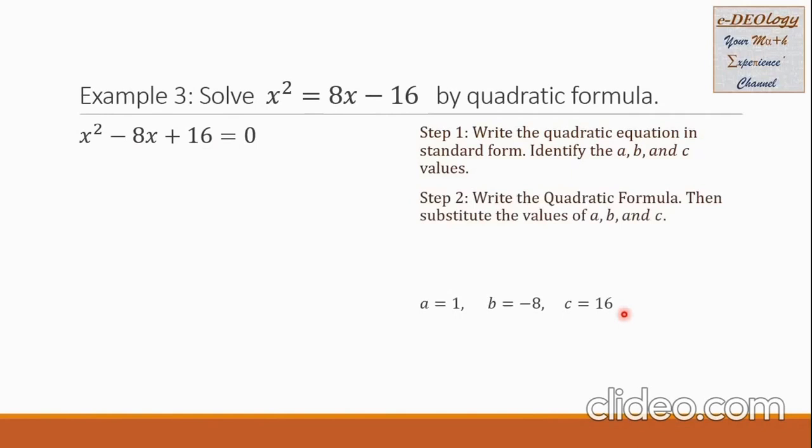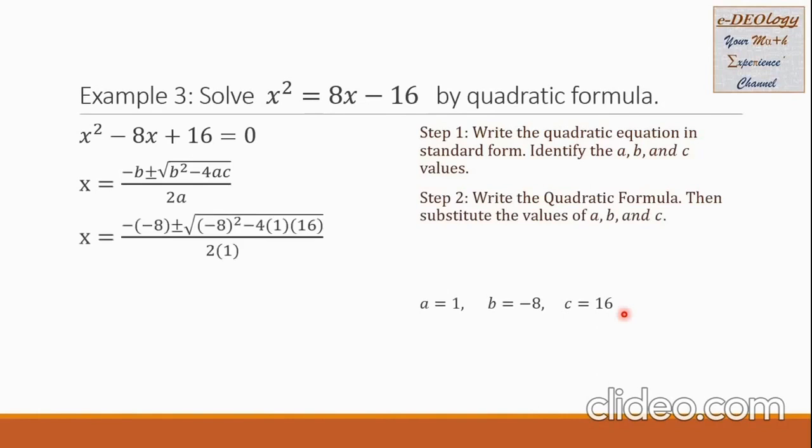Then we will write the quadratic formula and substitute the values of a, b, and c. So this is now the negative of negative 8 plus or minus the big square root.